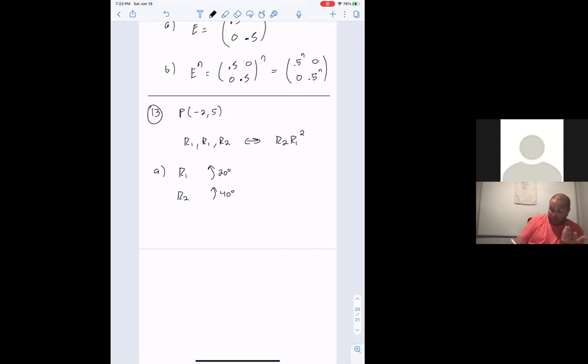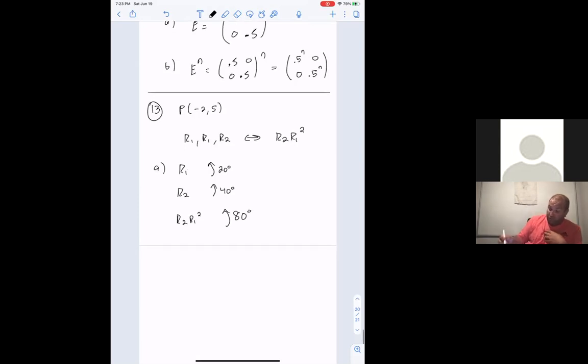So overall, R2 R1 squared is basically an 80-degree counterclockwise rotation. So if I look at my counterclockwise rotation matrix, I get cosine 80 degrees, negative sine 80 degrees, sine 80 degrees, cosine 80 degrees. I apply that to my original point, (-2, 5).